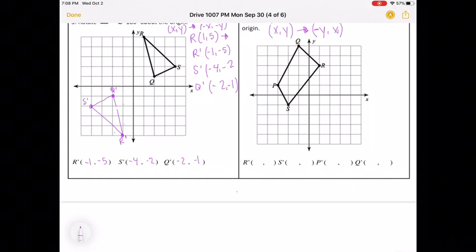We do have different coordinates on this one, so why don't you take a minute, pause, and just write out the coordinates for PQRS.